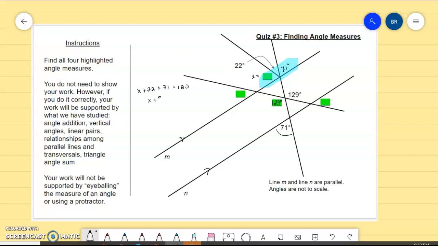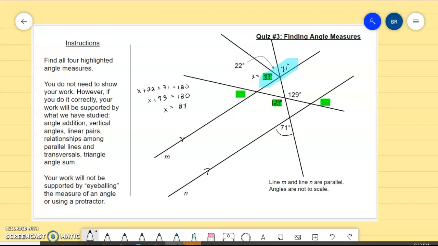X plus 93 equals 180. And so x equals 87, right? 87. So this is 87 degrees. Notice it looks a little less than a right angle, and that number is a little less than 90.